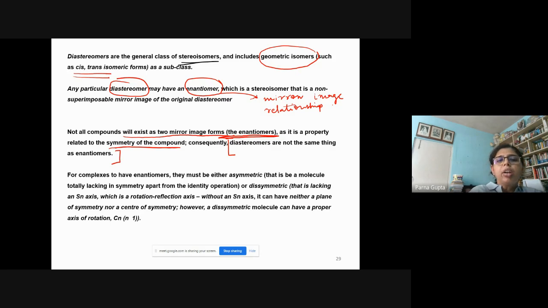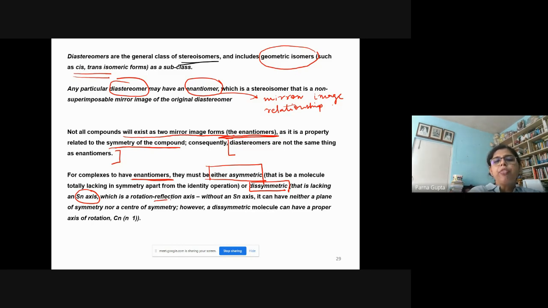For a complex to have enantiomers, it must be either asymmetric or dissymmetric. These terms maybe you know; if you have any problem, I shall tell you next day.